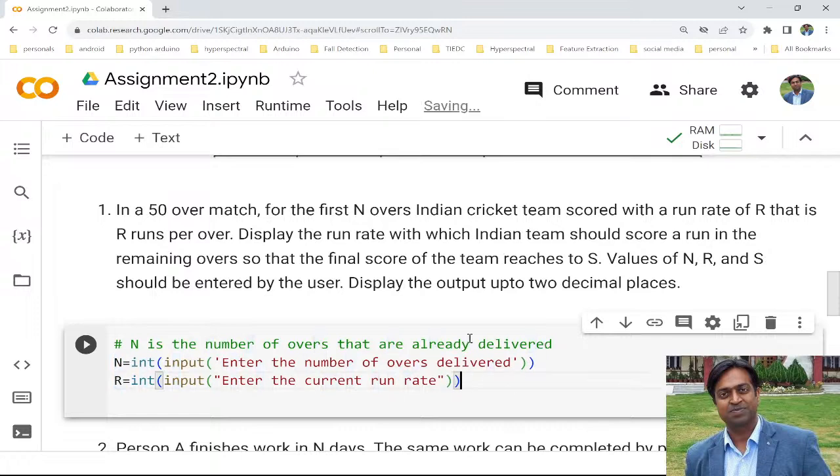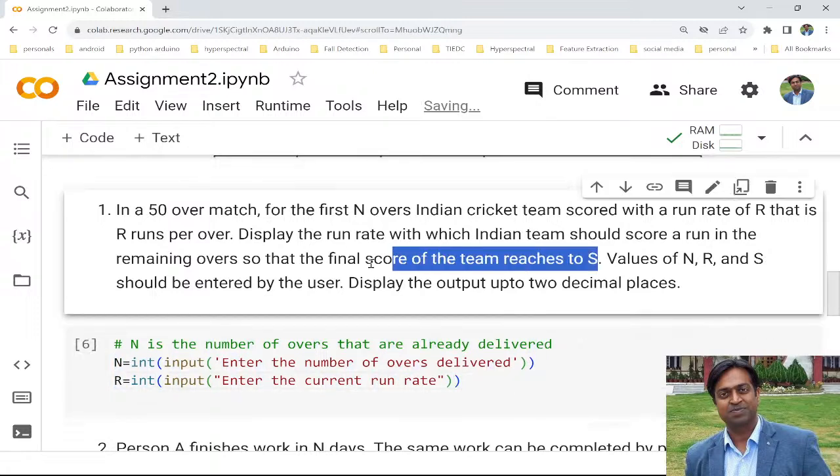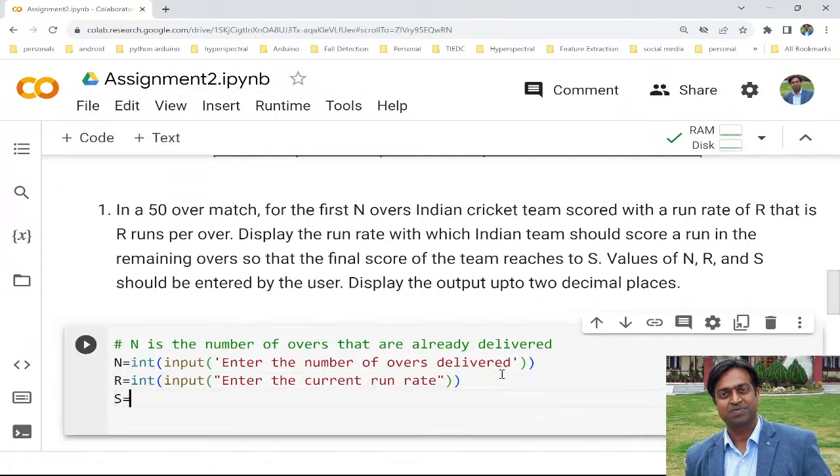So once I get this, then I need to get the target, that is, what should be the final score. So this s means I will take the input, enter the final desired score, means finally what should be the score that the team is planning to have.